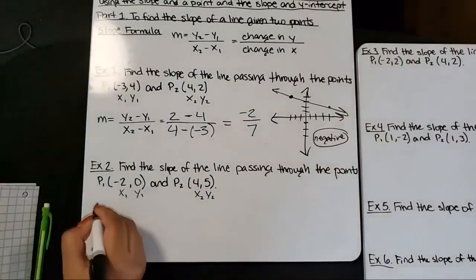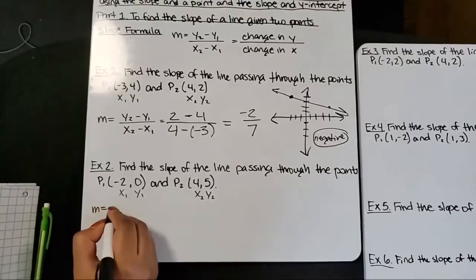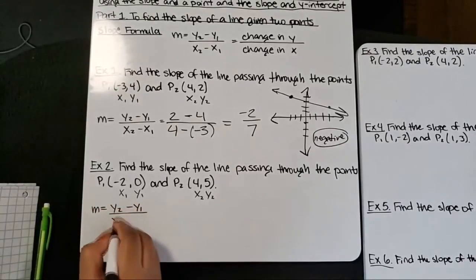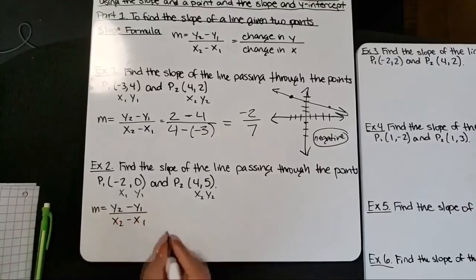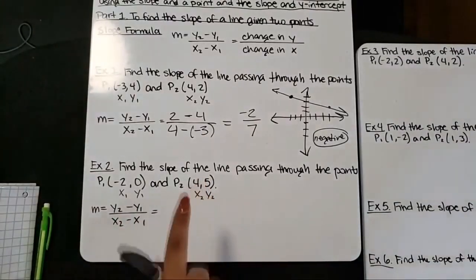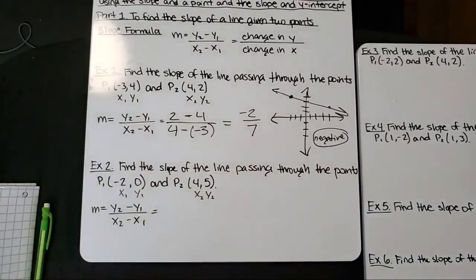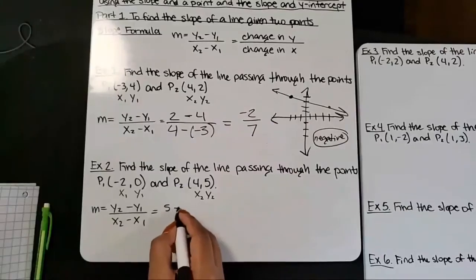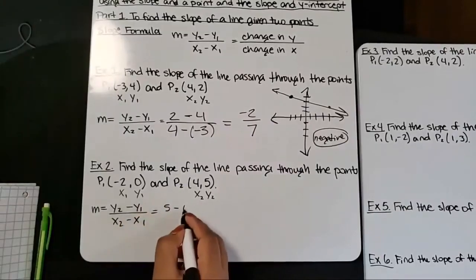Now we do our equation: m equals y2 minus y1 over x2 minus x1. For y2 we have 5, for y1 we have 0.